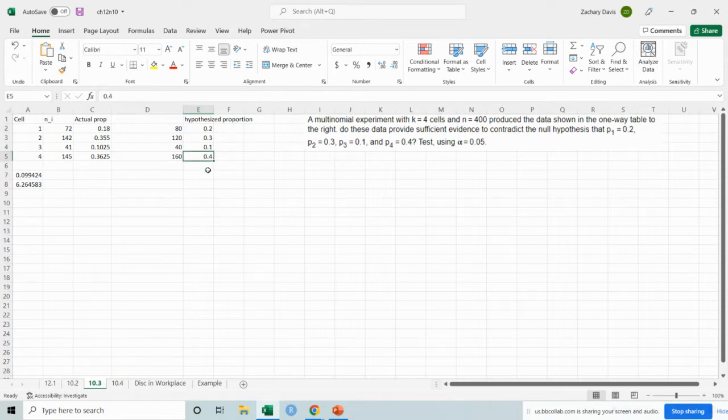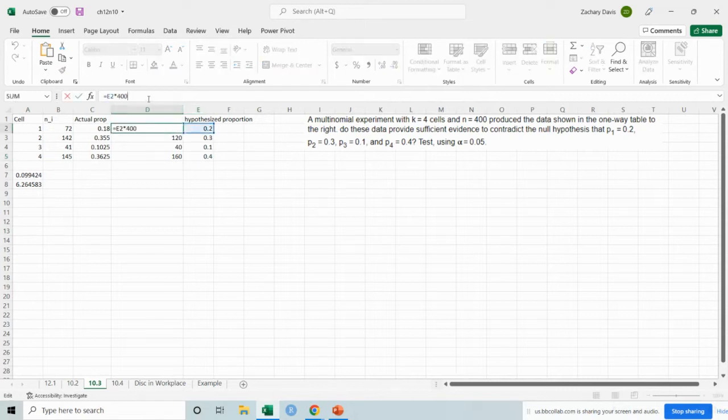Before we can run our test, we need to calculate what those sample sizes would look like had we run this particular experiment. So we take our hypothesized proportions and multiply them by 400 to get the expected values.